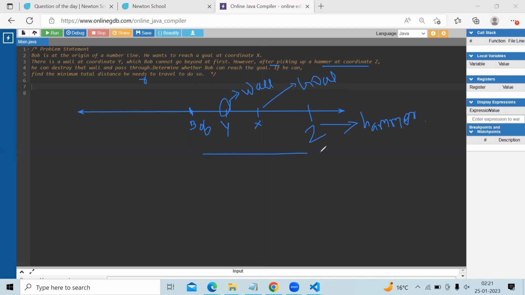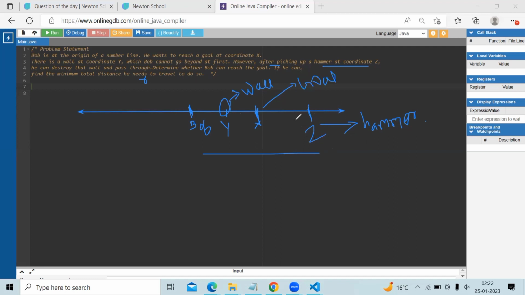Okay, so in this example you can see that the hammer is here, and the origin, Bob, is here. In this case Bob cannot reach the goal at all, because he cannot break this wall by using this hammer.